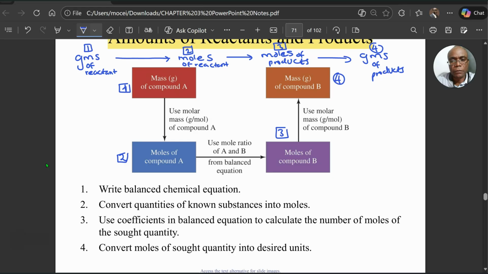So to get from grams of reactant to moles of reactant, you're just gonna use the molar mass relationship. And then to get from moles of reactant to moles of product, you use the reacting ratio. Okay, so for example, this is the last balanced equation that we balanced.